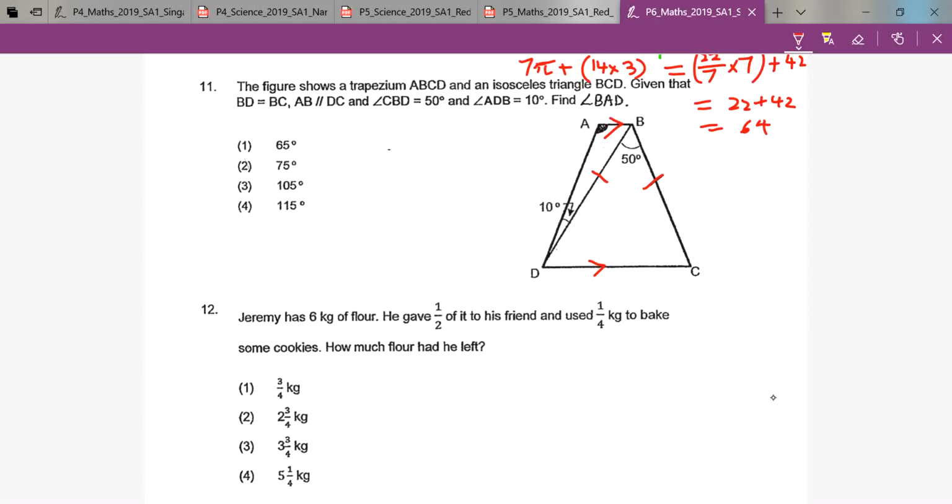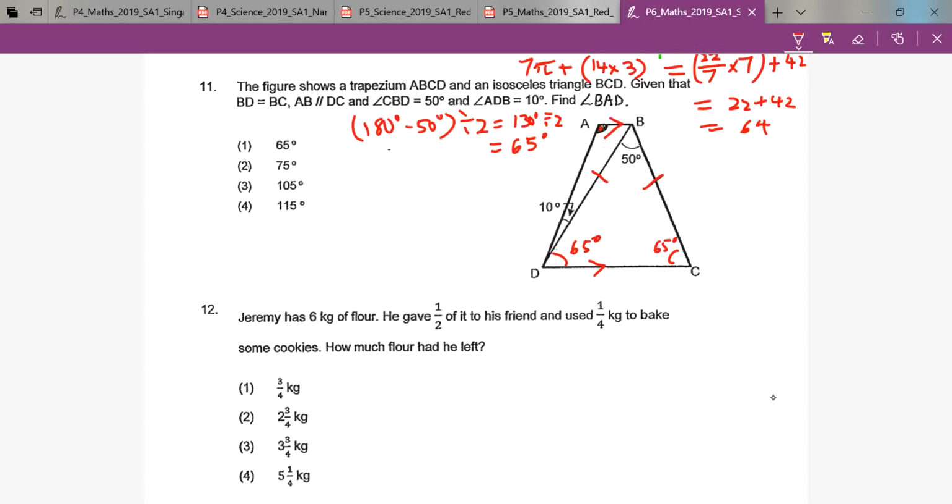Find angle BAD, as shaded here. The first clue is the isosceles triangle, so you can find these two angles already. 180 minus 50, and then divide by 2. It's going to be 130 divided by 2, which is 65 degrees. So this is 65.